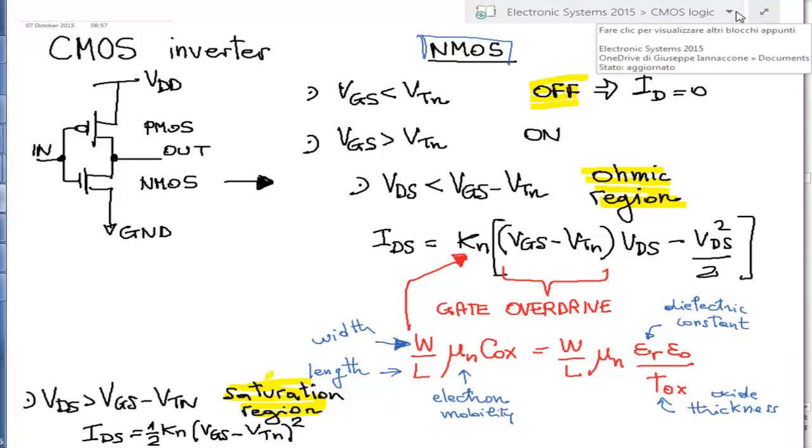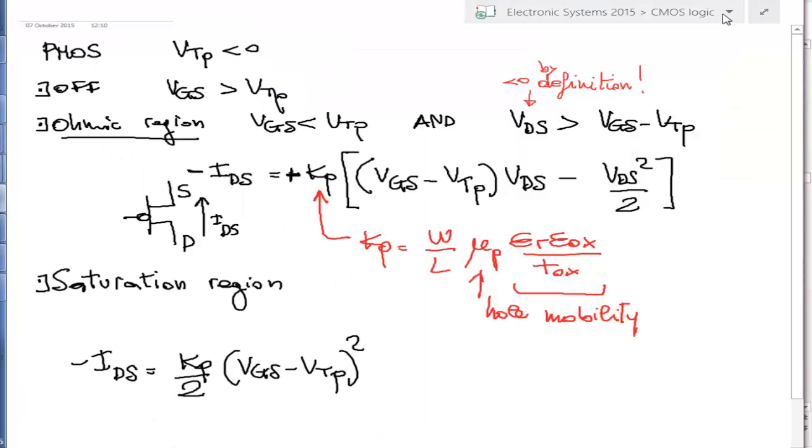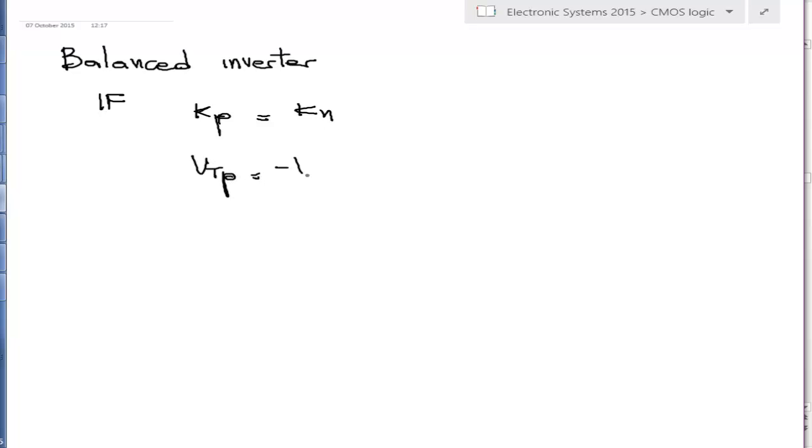We call it a balanced inverter. If Kp is equal to Kn and Vtp is equal to minus Vtn. Of course, in this case, the sign has to be different by construction.